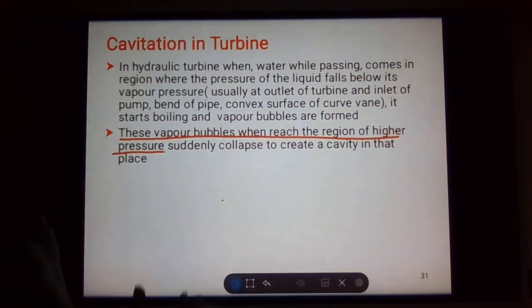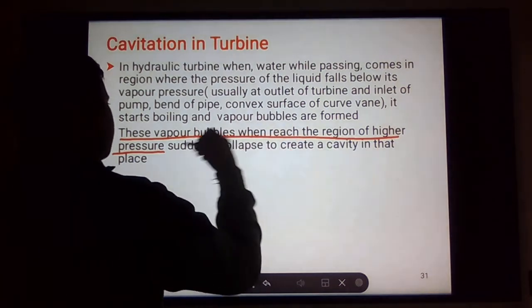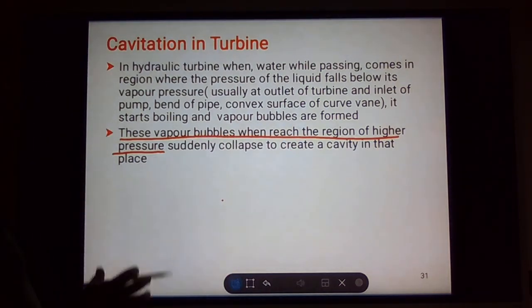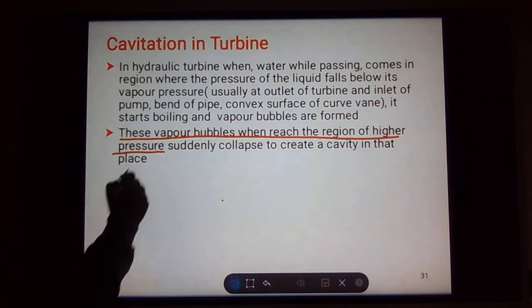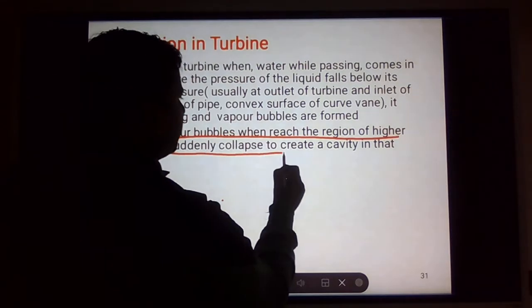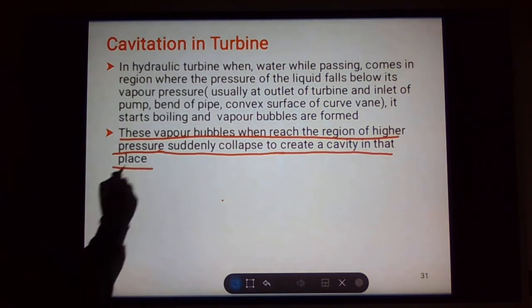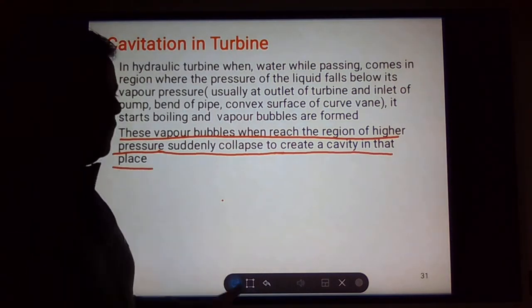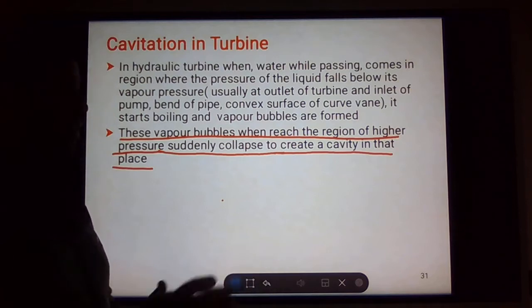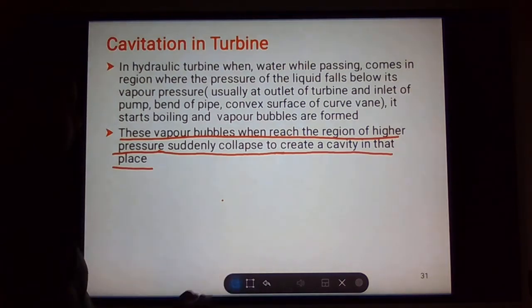Now those vapor bubbles reach a region where some higher pressure is there. Due to that higher pressure, the vapor bubbles suddenly collapse, and they create a cavity in that place. So when these vapor bubbles collapse, they leave a cavity at that particular point.